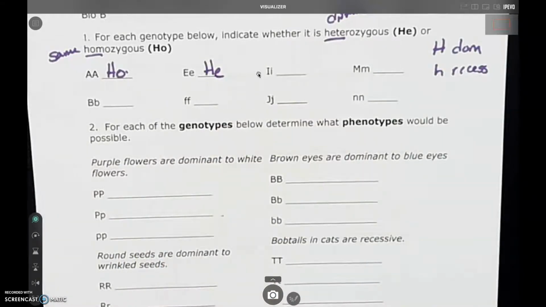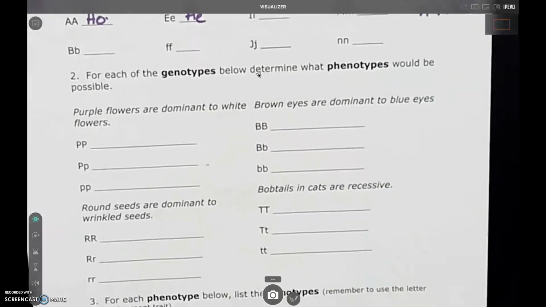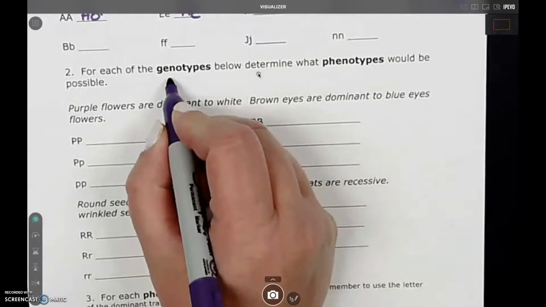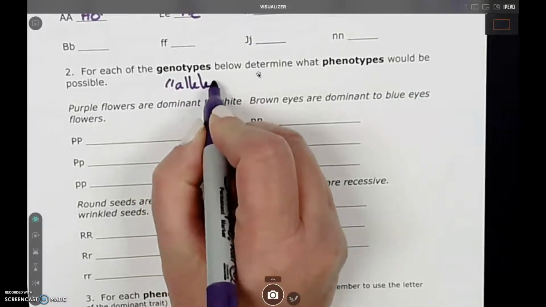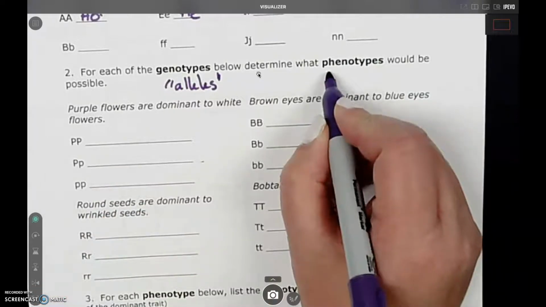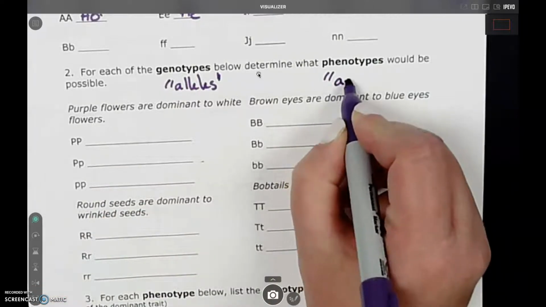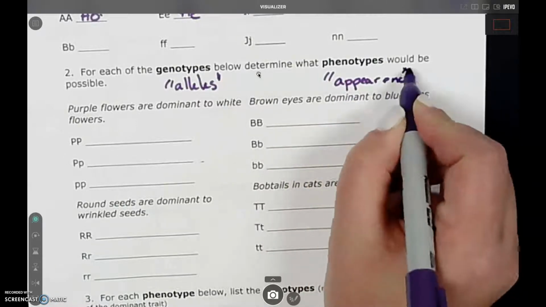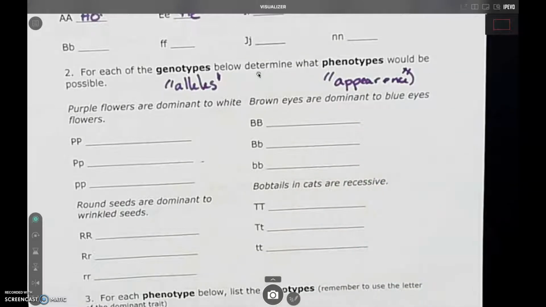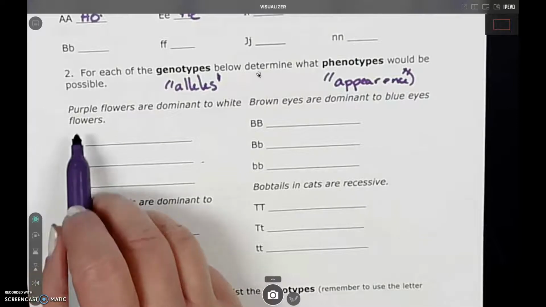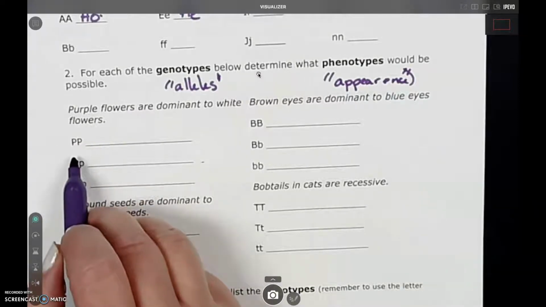Then the second is asking you to go from genotypes. Remember, that's the alleles. So that's why you have letters down here. And then the phenotypes is, what does it look like? The appearance. So with appearance, if we have two capital P's and purple is dominant to white, what will these flowers look like on this pea plant?